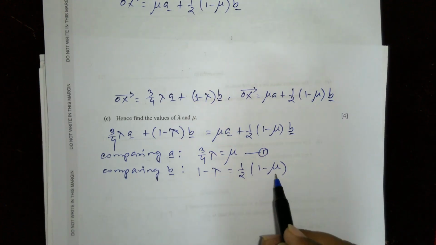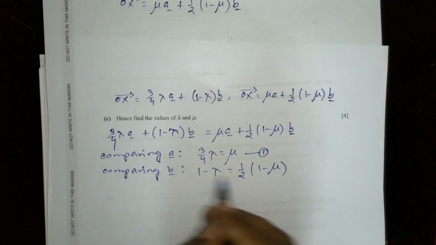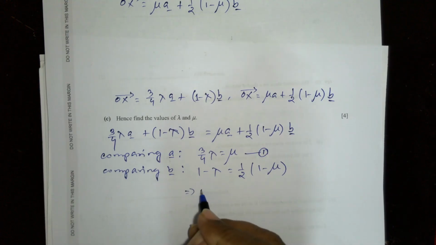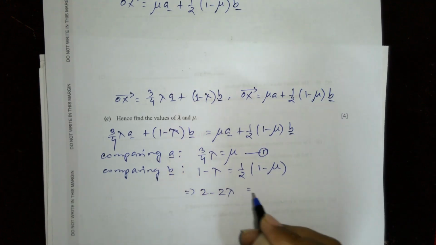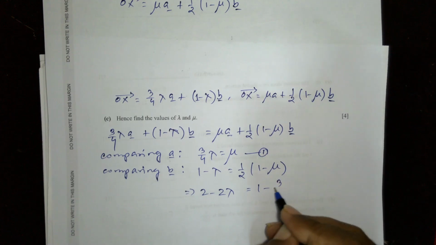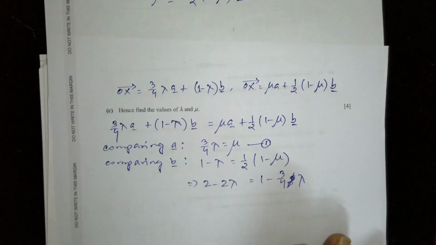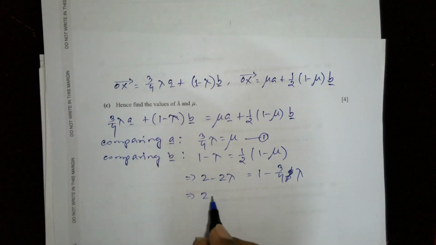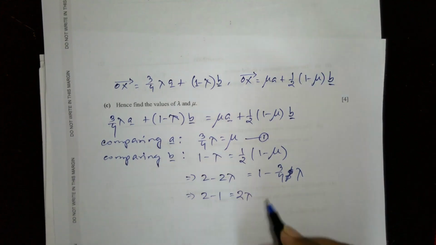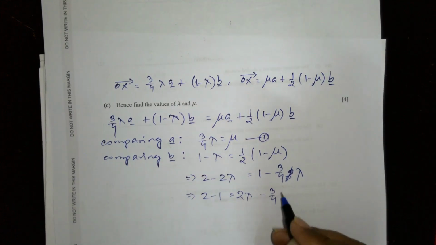We will substitute this mu. Let's multiply this by 2 here. So I get 2 minus 2 lambda is equal to 1 minus 3/4 lambda. Now the next line I can write 2 minus 1 is equal to 2 lambda minus 3/4 lambda.